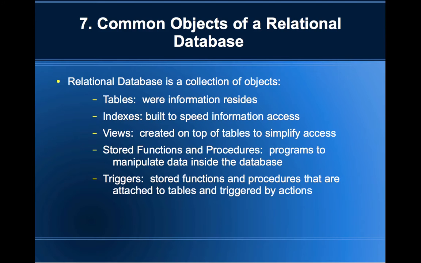For example, you can put a trigger on a table to say, if you update a record, go ahead and do an action. Or you can say, if I delete a customer, go and delete every order that the customer has. That is a type of trigger behavior that you could implement.